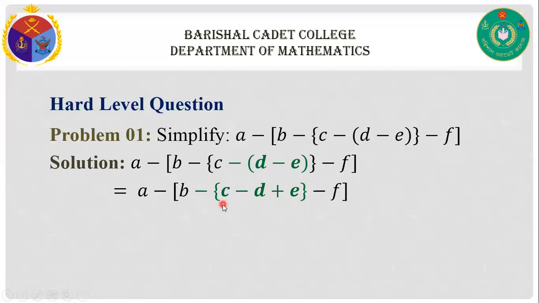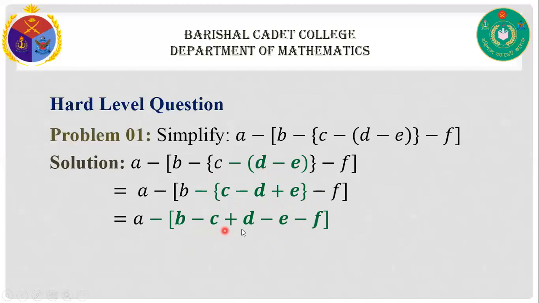So before the second bracket we have a minus sign. So inside the second bracket the sign will be changed. So it is minus b minus c, minus, so it will be positive plus d, here negative sign, so it will be positive minus e, and the other part minus f.